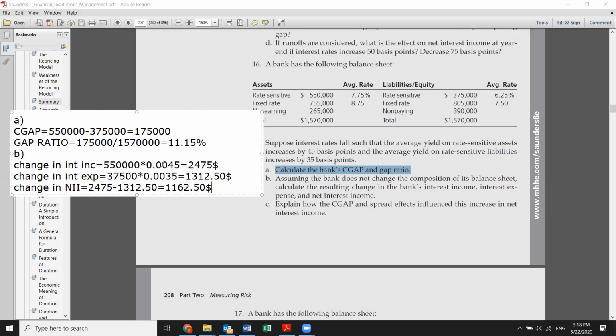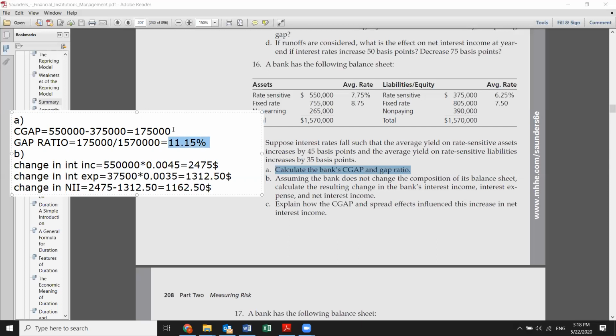Professor, may I ask this? Yes, please go. In the gap ratio, there is a division, and the answer is 11%. But shouldn't there be like minus 1, or it should be like 100%? No, it's a positive way. If it's minus, it would be on the negative side; here we are showing the positive sign.